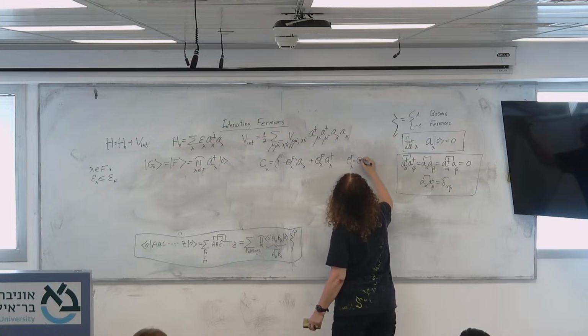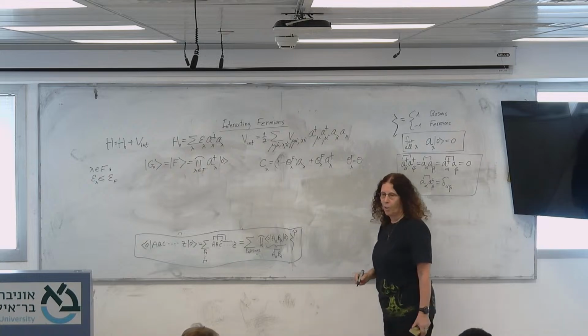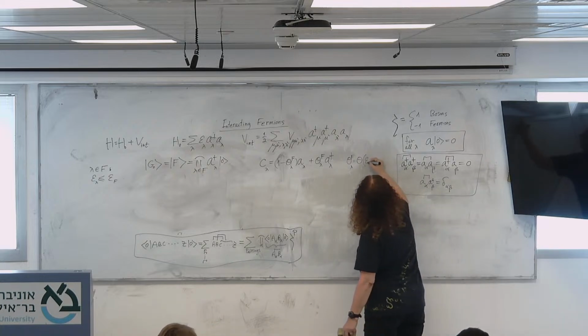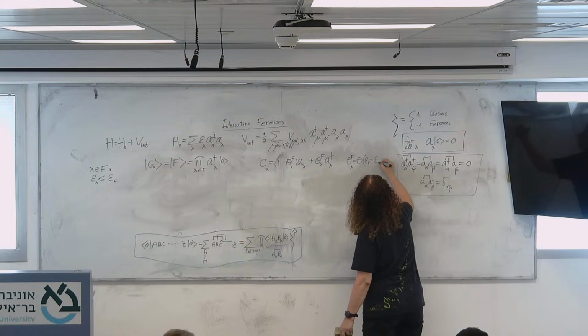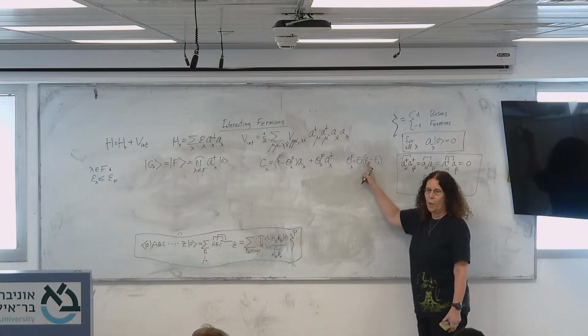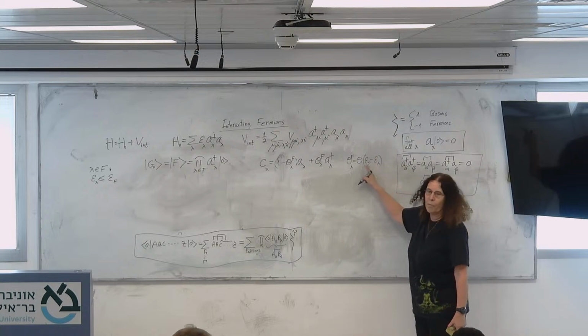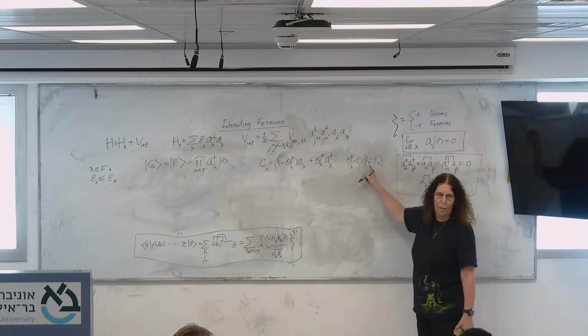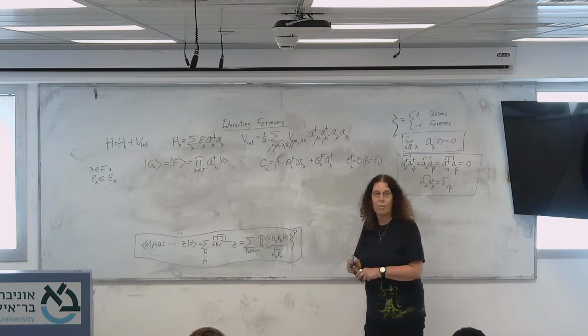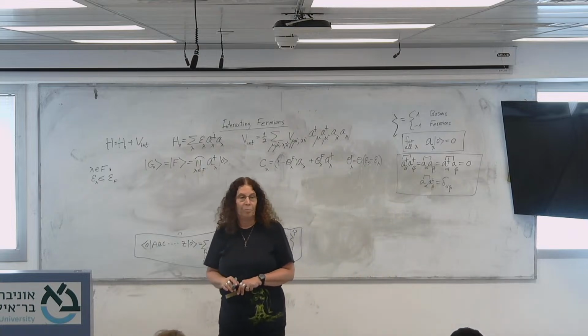In fact, it can be written as a theta function. You know the theta function, right? So it's a theta of E Fermi minus E lambda. So if E lambda is smaller than E Fermi, it gives you positive, and then it's 1.